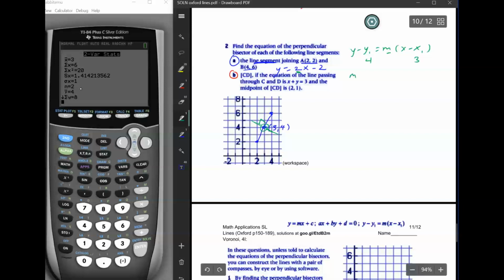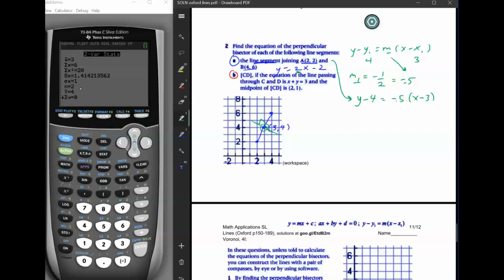So the slope of the green line, the perpendicular, is equal to -1 over the original slope, which is 2. If you put that in the calculator, you'll find out it's -0.5. So m is going to be -0.5. So the equation of the line is going to be y minus 4 equals -0.5, or -1/2, times x minus 3. Okay, so that is the answer to part A.